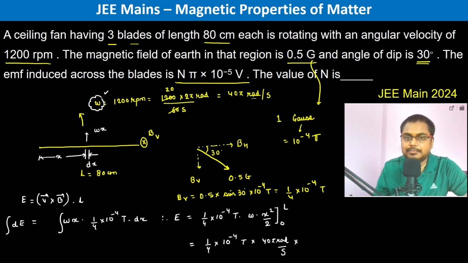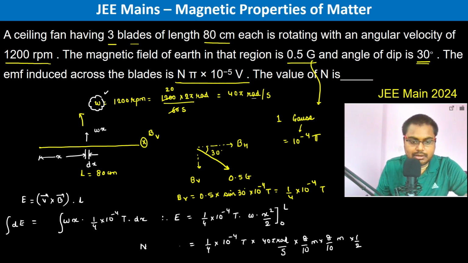Now L is 0.8 meters, so we write 8 by 10 meters into 8 by 10 meters into 1 by 2. This is the EMF induced, which is n pi into 10 to the power minus 5.